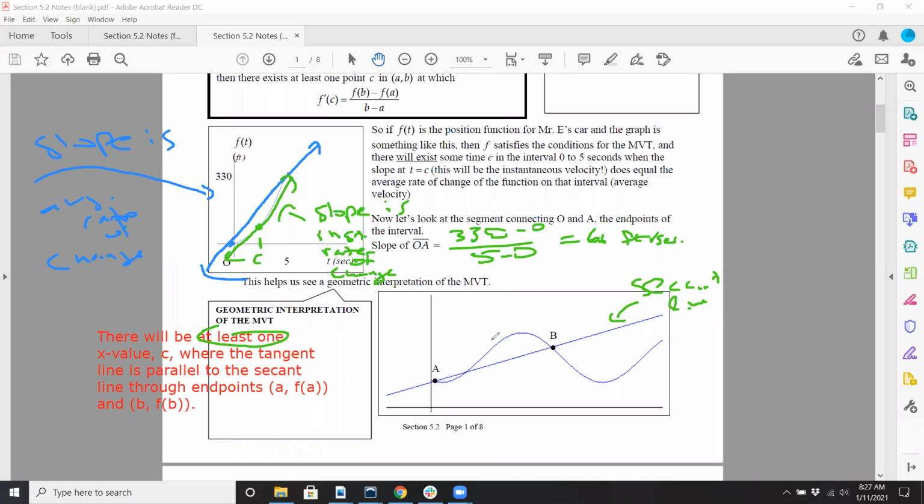Maybe that one's going to be parallel, maybe that one's going to be parallel. So I can find a couple between A and B. We'll call this c1, and I could call this c2. I could find more than one tangent line that's parallel to the secant line. We have at least one. That's a guarantee from the mean value theorem.